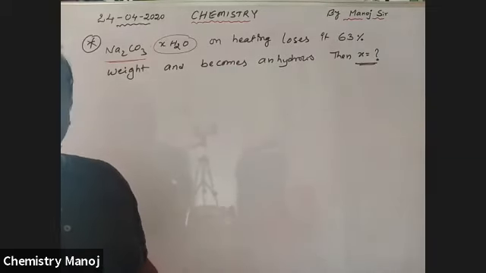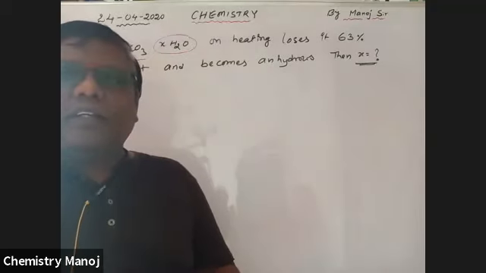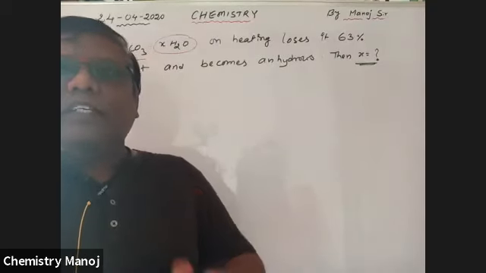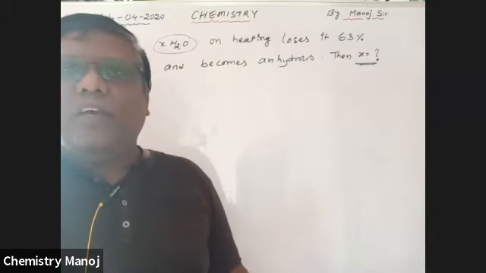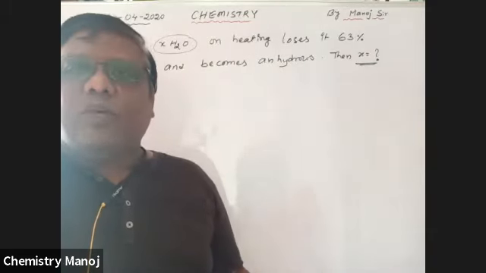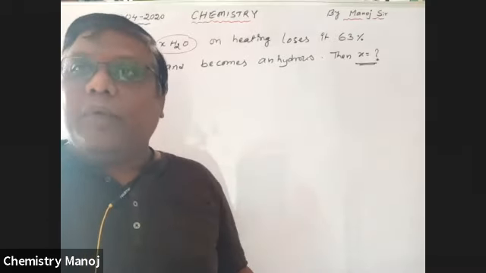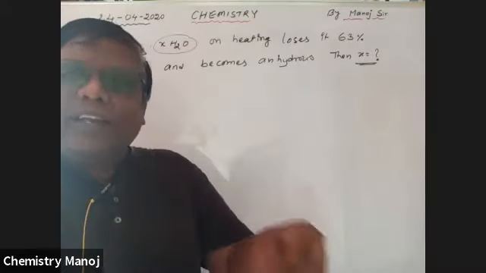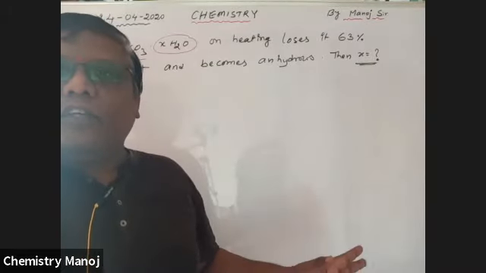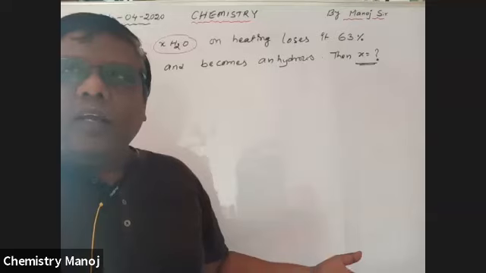Okay, see here, listen carefully. Formula-wise it is wrong, my dear boys. No doubt, we all know very well that it is Na2CO3·10H2O, but it is not always 10 in these calculations. But luckily, here it is 10. Sometimes it may be other than 10.